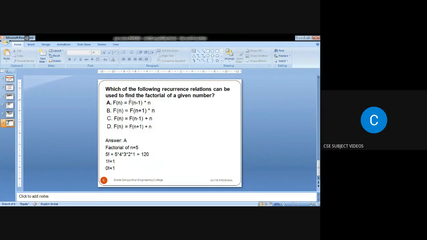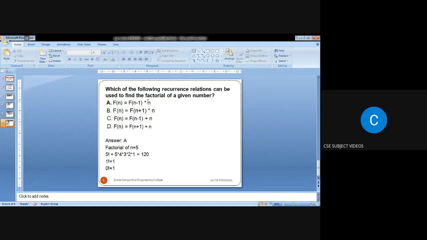I hope you have enjoyed the session and you have understood how to derive a recurrence relation for a given problem. The procedure to find out the time complexity for a given problem in a recursive manner is, first, you have to analyze the problem. Second, you have to derive the recurrence relation for the given problem.